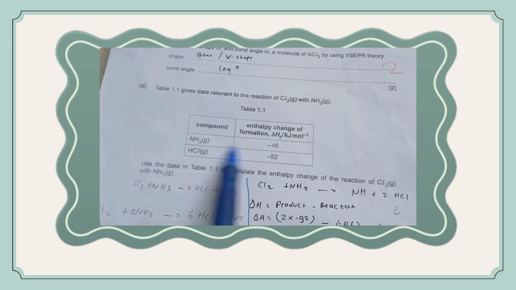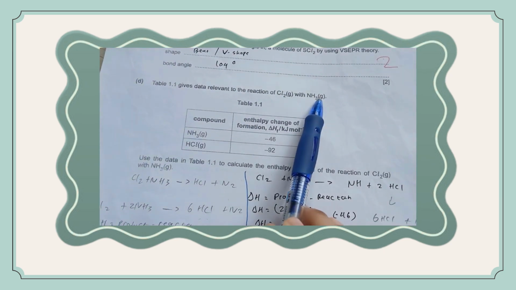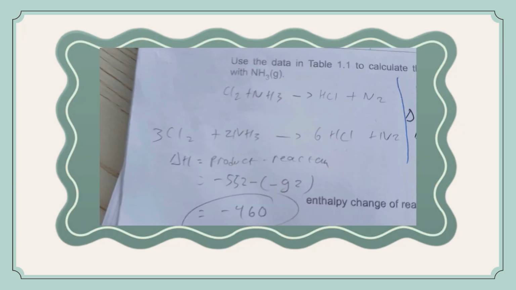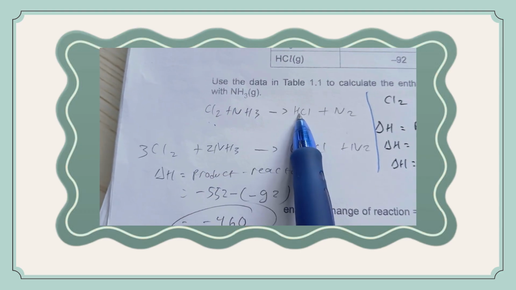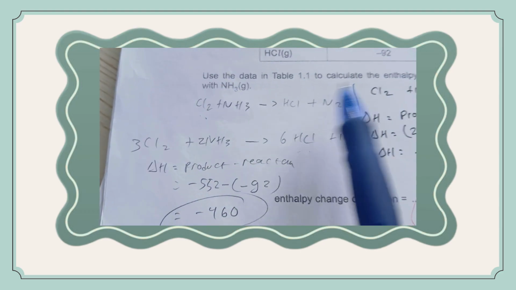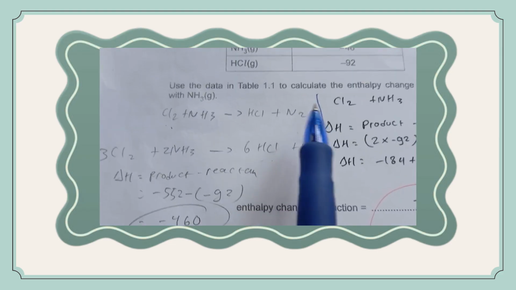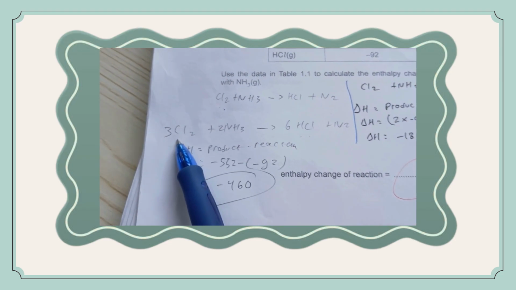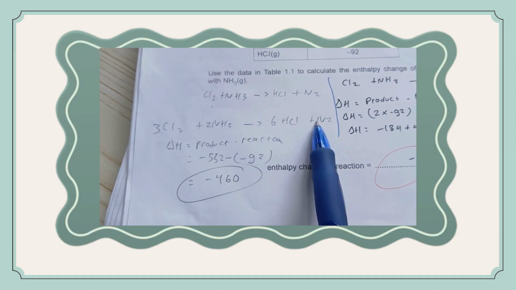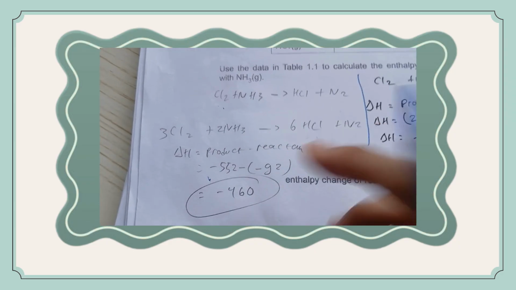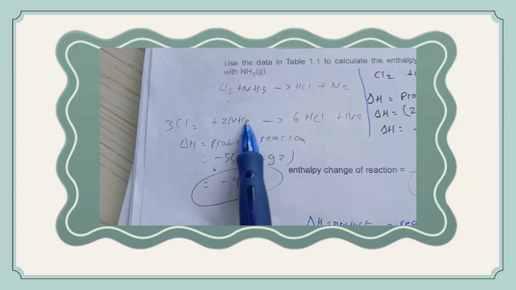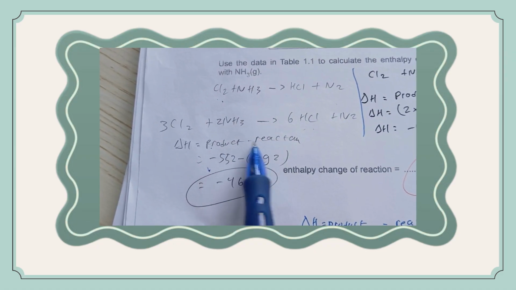So we already have the data, we have to make the reaction, and this is the equation. Cl2 plus NH3 equals HCl plus NO2, and we make it balanced to produce this. After we balance, we have here the product minus reactant.